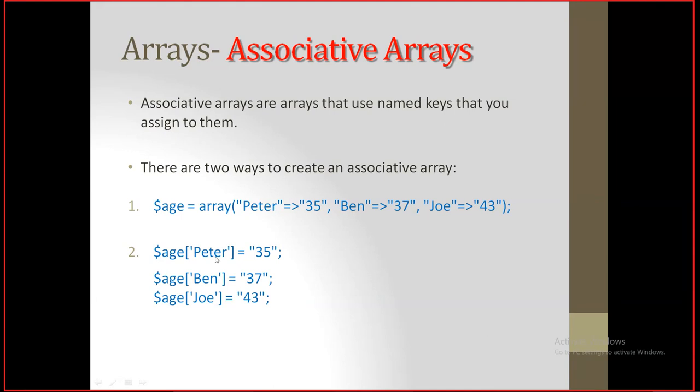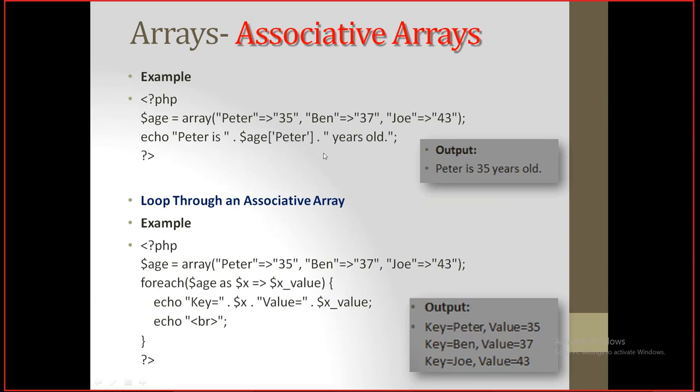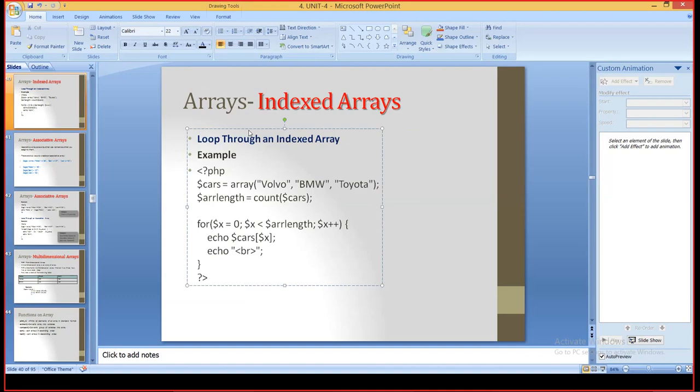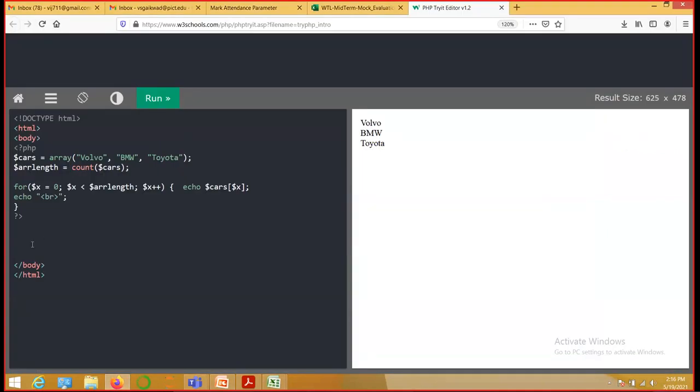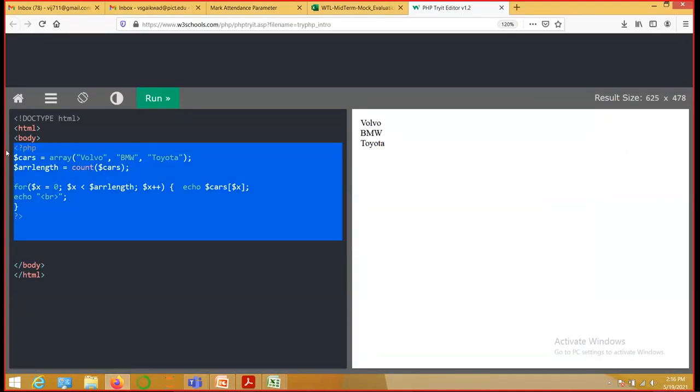The other way, we are well aware that we can use age of the index Peter, and then we can assign a value to it, right? So here we are accessing the associative array elements, one after the other. And if you try to run it using the editor again, let us observe the output.